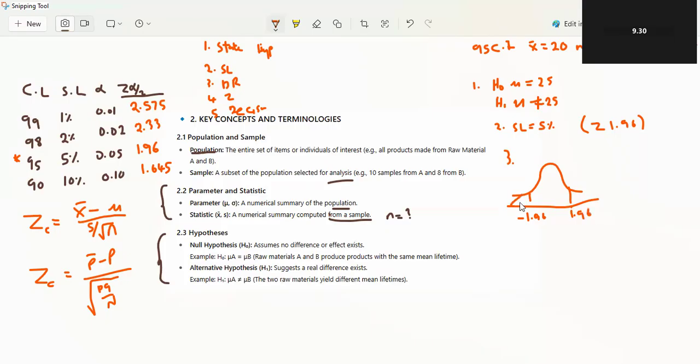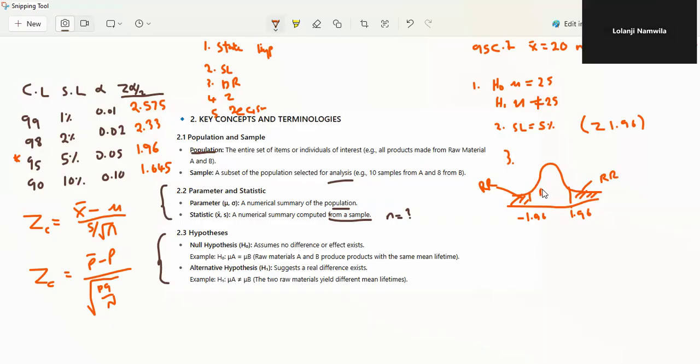It is a point where there is a significant change. When your answer is in the rejection region, it may mean something good or something bad, but the issue is there is a statistical difference. So we reject our H0. By rejecting H0, we mean we accept HA, the alternative hypothesis.